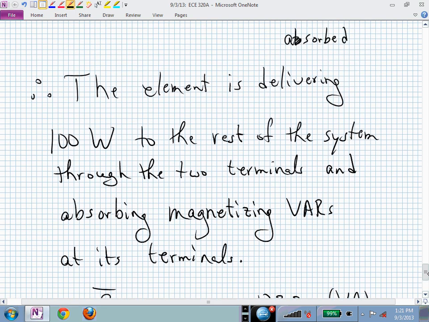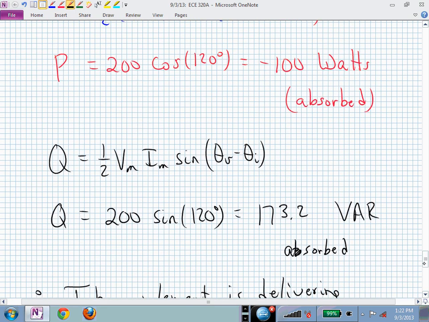So the question was, since the reactive power is positive, then whatever was in that box between those two terminals is effectively looking inductive. It could have been a bunch of inductors and capacitors, but its net appearance at those two terminals is inductive.